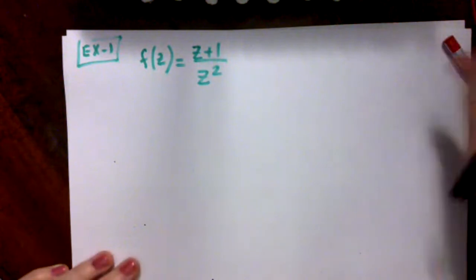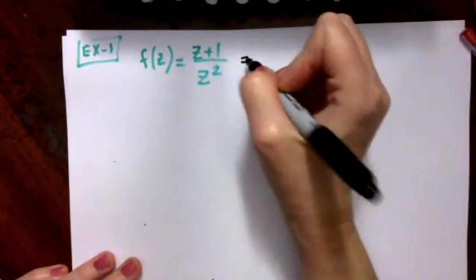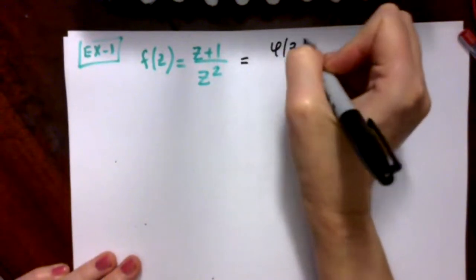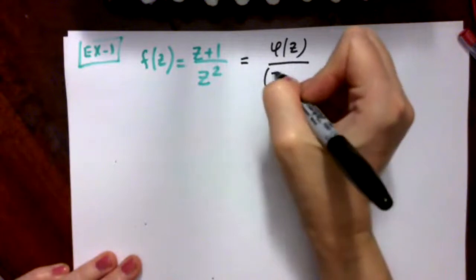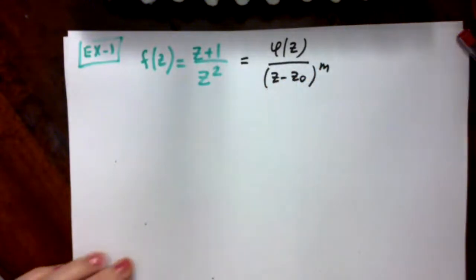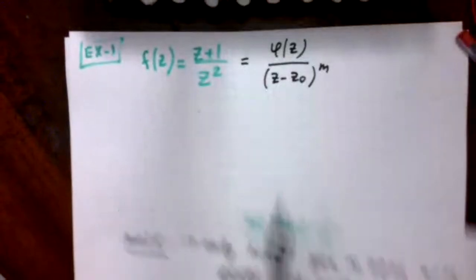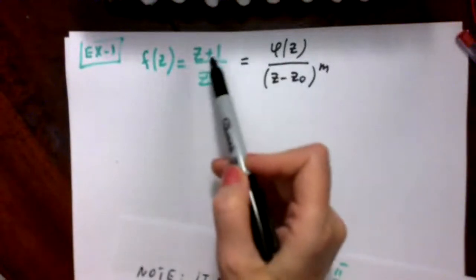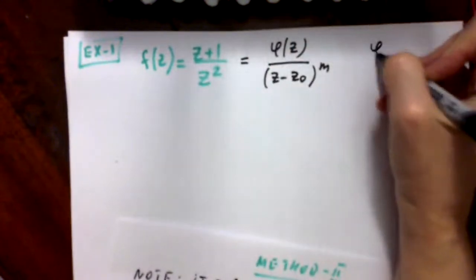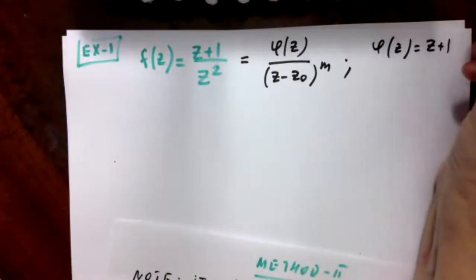We're discussing method 2. So you immediately spot the fraction, and you think, what if I try to imagine my function being in this form? It would be very, very nice. So you're comparing your function with the first requirement. Your function should look like this. Let's try and do this. It's pretty obvious that phi of z will be the numerator of our function. So phi of z is equal to z plus 1, of course, no doubt.